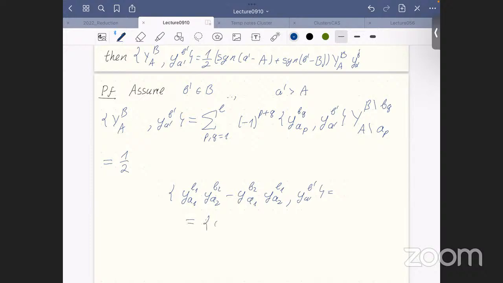So for a term like this, plus other terms. That's what is written above. Okay. You are not satisfied. Right.